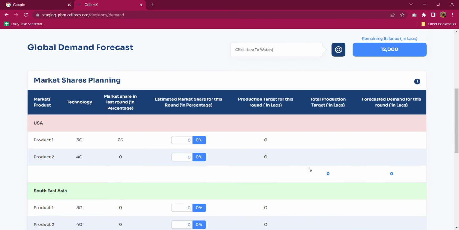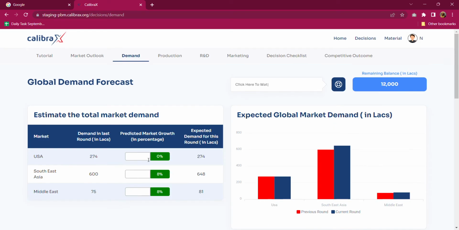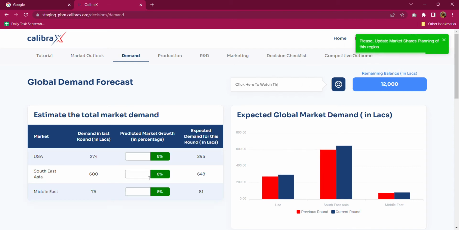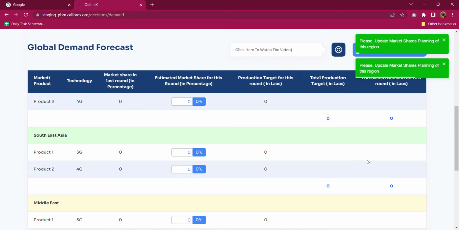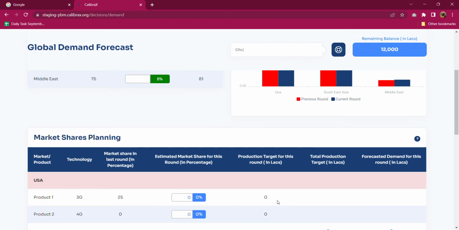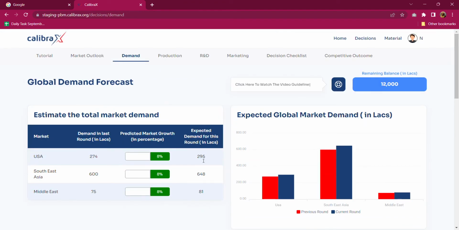Here we have entered, let's say, 8% for all the markets. So this will be the predicted or expected demand for this round, 295.